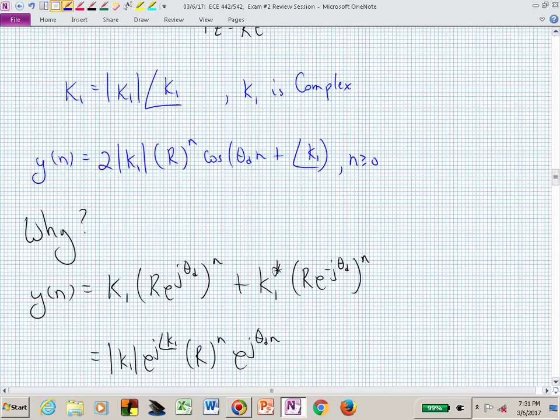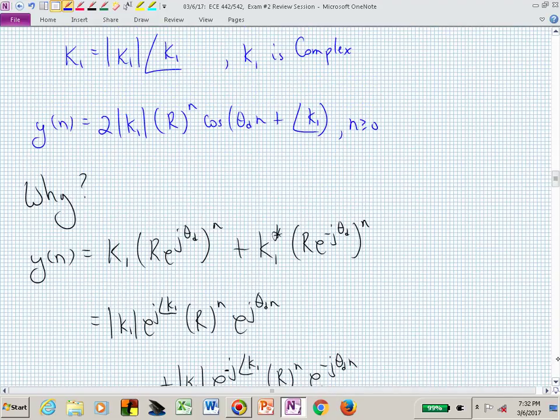And R e to the j theta sub d raised to a power, we can just use the facts related to raising a quantity to a power. That's just r to the n times e to the j theta sub dn.